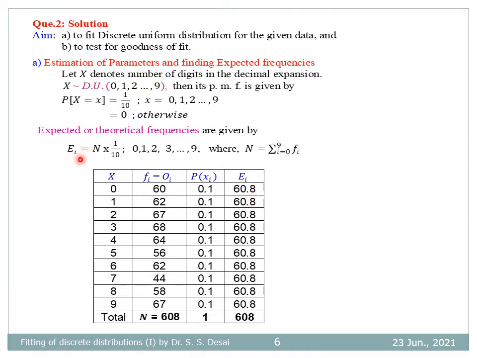Expected frequency Ei is equal to n into 1/10. So n is 608 into 0.1, that is 60.8, and all the values have uniform probabilities as well as expected frequencies. The sum of frequencies is 608.